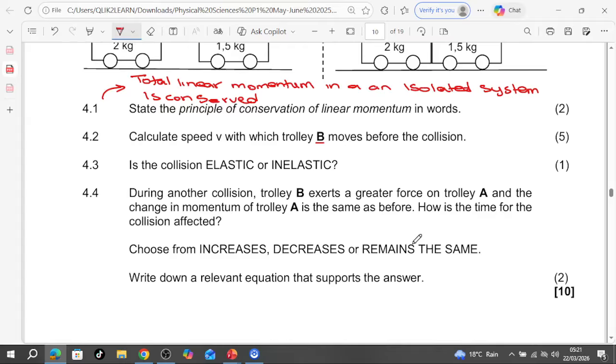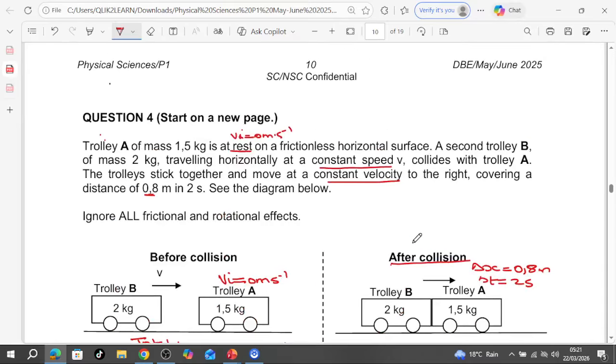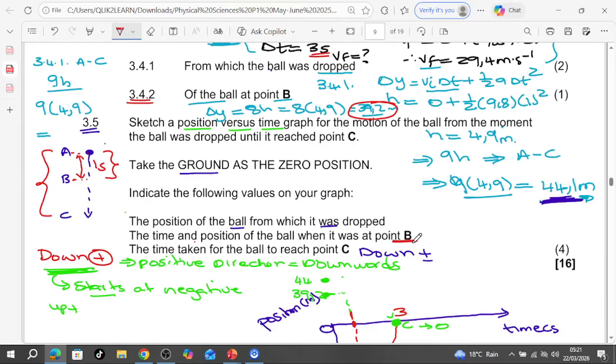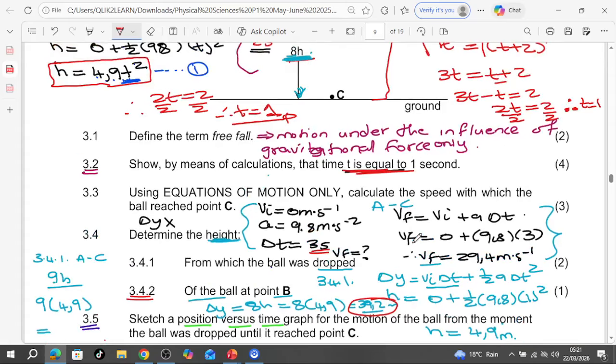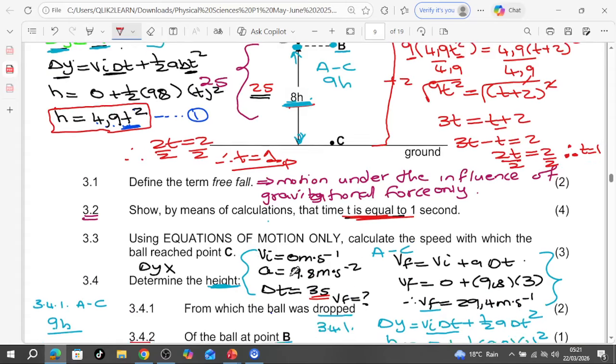First things first, they asked us to state linear momentum. Remember I said in physics, whatever they ask you to state, the following questions will be based on that. They said define the term free fall, and the question was based on free fall.